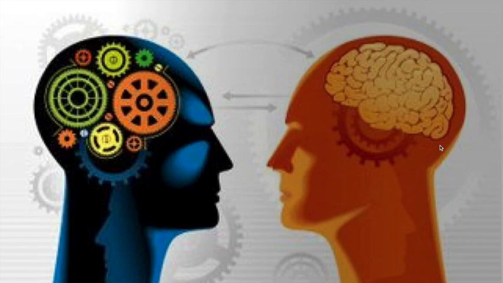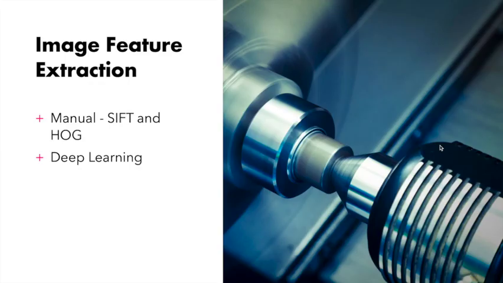And in the last 20 years, computer vision research focused on manually defining pipelines for extracting good image features. For example, image feature extractors such as SIFT and HOG, and we're going to talk about them later, were the standards.